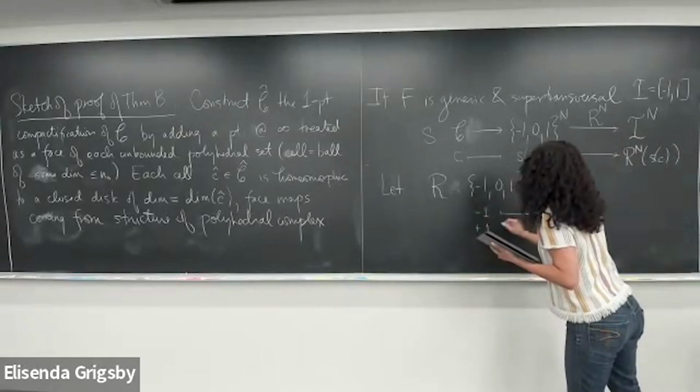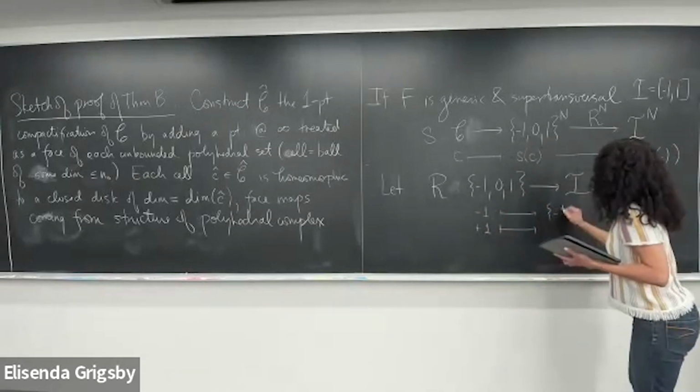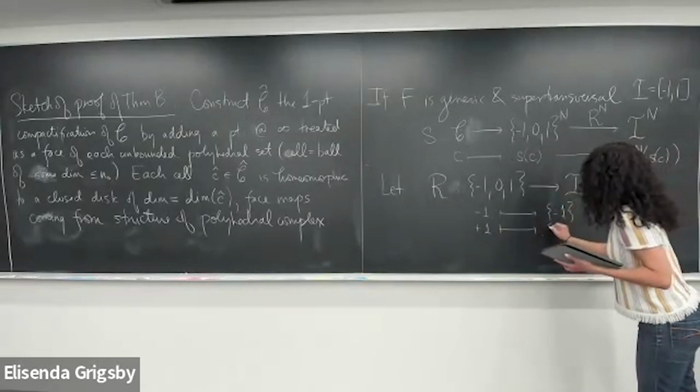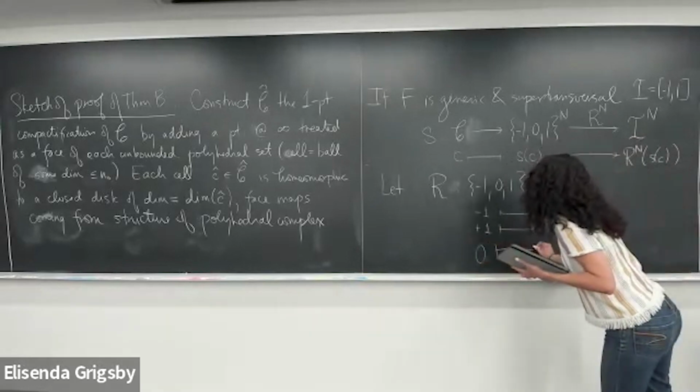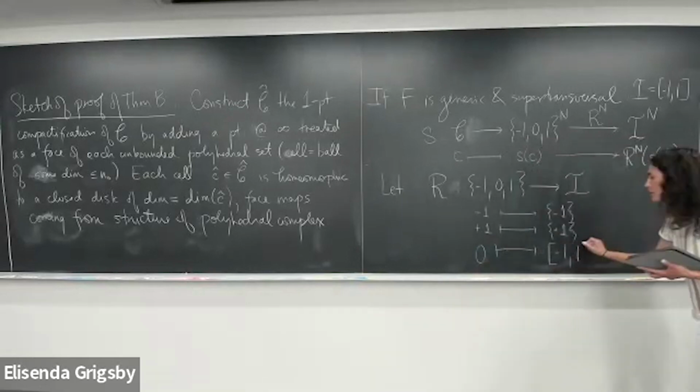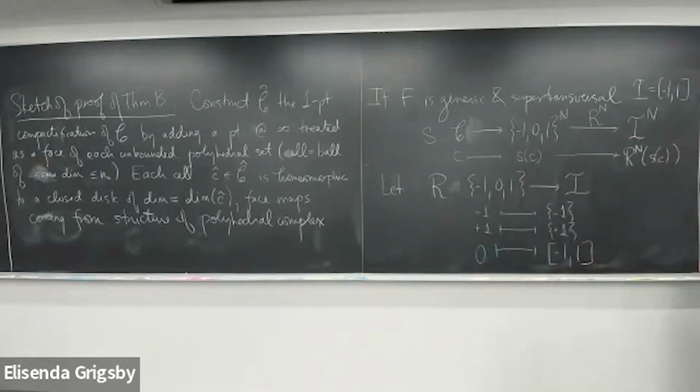You send -1 to -1, +1 to +1, and 0 to the 1 cell. So now if you have a string of these, you're going to construct a cell of dimension k if you have k zeros by taking the product of those cells inside of here.